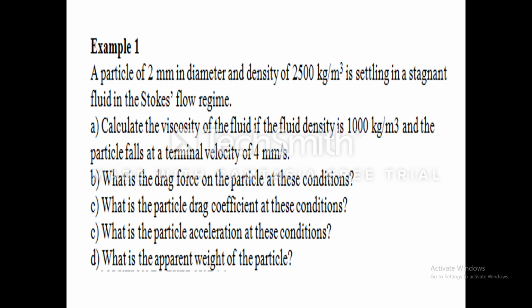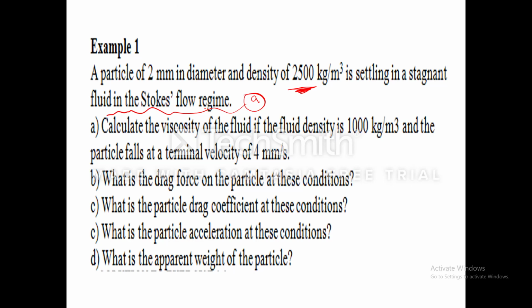Here we have an example: a particle 2 millimeter in diameter and density of 2050 kilogram per meter cube is settling in a stagnant fluid in the Stokes flow region. So here he said that this is the Stokes flow region, region A, and I must go to the information of region A and know which equations belong to this region.